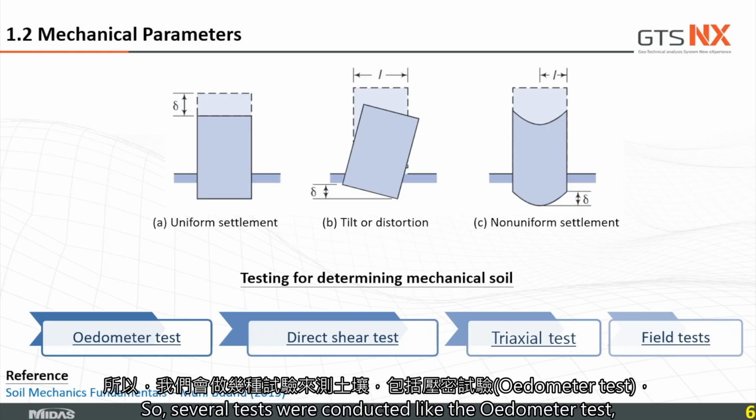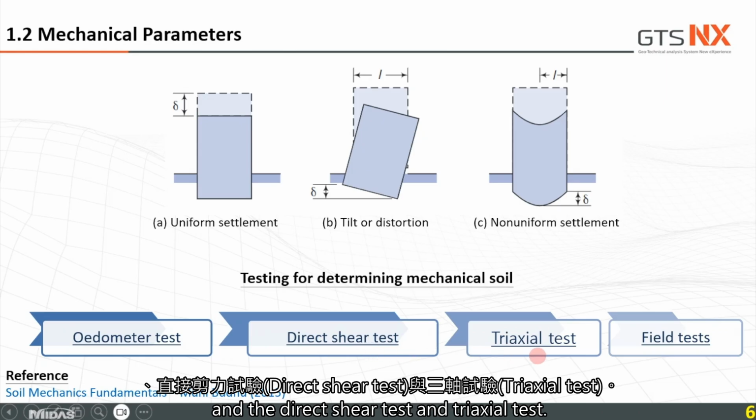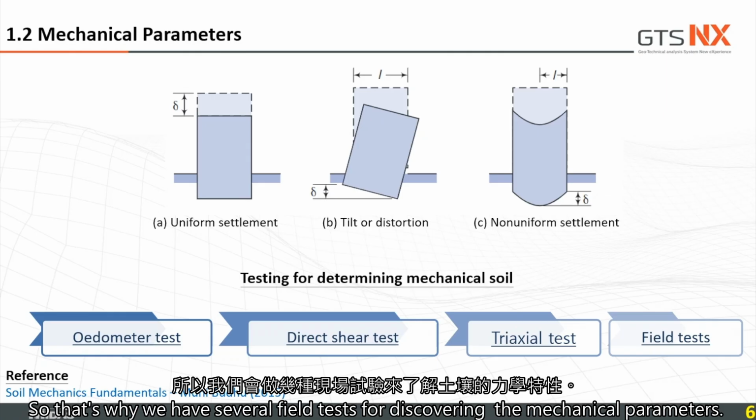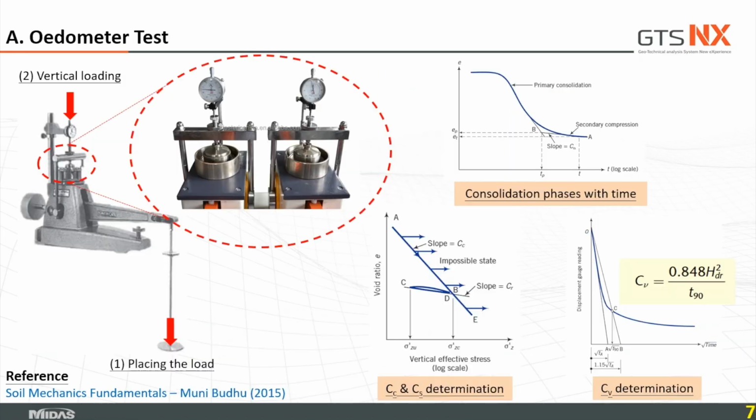Several tests were conducted, like the Oedometer test and the Triaxial Test, and the most accurate is testing the soil directly in the field, right? That's why we have several field tests to discover the mechanical parameters.